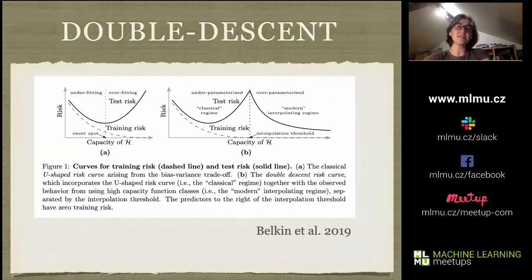This property has recently been coined in the theory literature as the double descent property. The paper from which this picture comes is by Misha Belkin and his collaborators. He's a very well-known statistician, where he describes this typical trade-off where the error goes down and then back up, but then it goes down again.